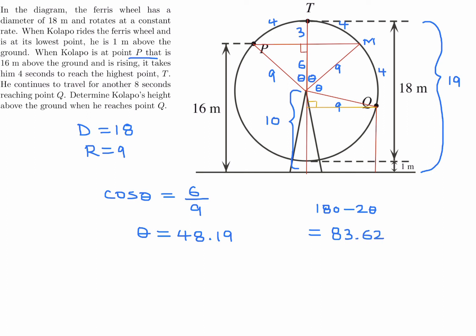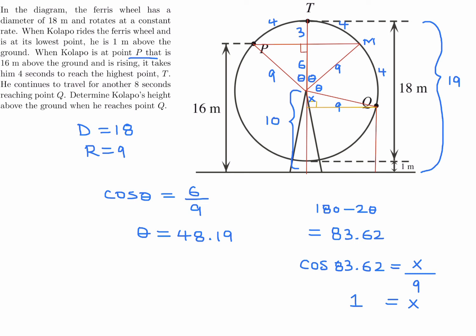So now we can use trigonometry on this triangle. We can call this distance, say, x, that little guy. And therefore, the cos of 83.62 will be equal to x over 9. And if you solve for that, you get x equal to 1.